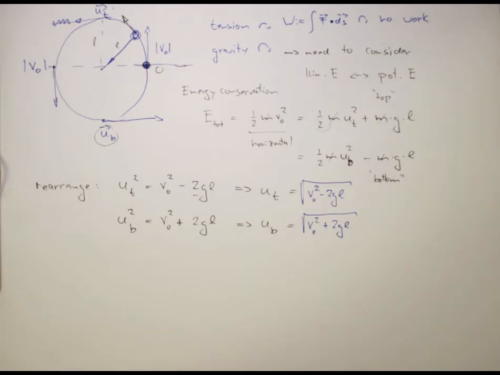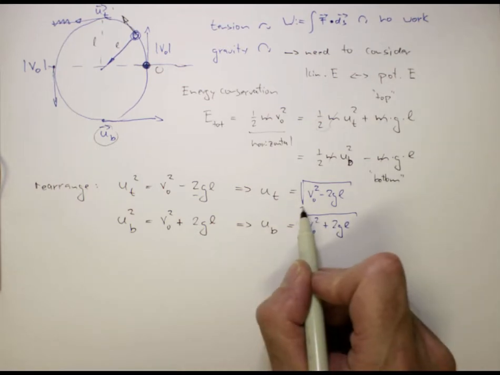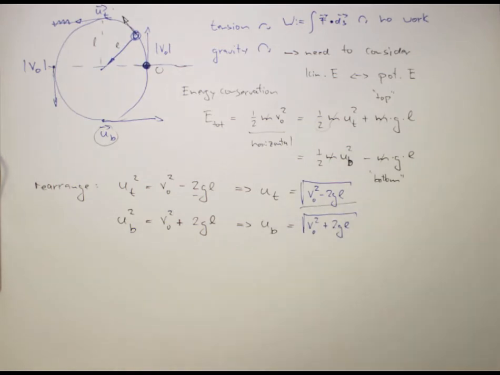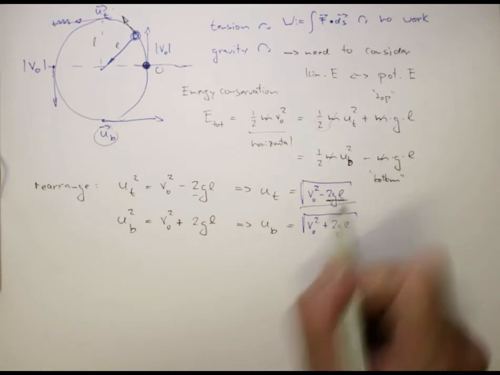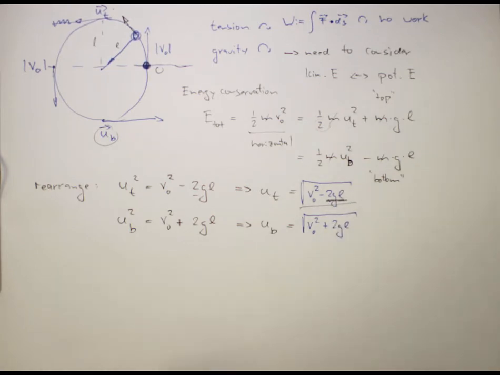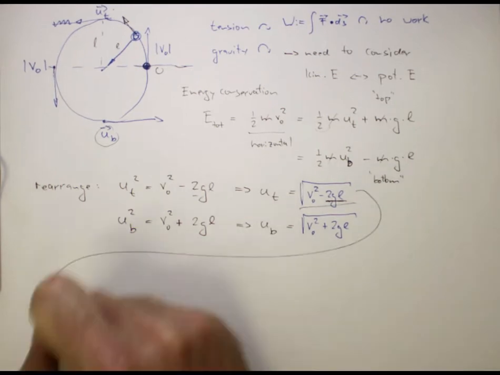You can see there's an interesting conclusion we can draw here. The square root cannot be negative, it's not defined, but if this term 2gL is larger than v0 squared, then we have a root of a negative number. What does that mean in physics terms?